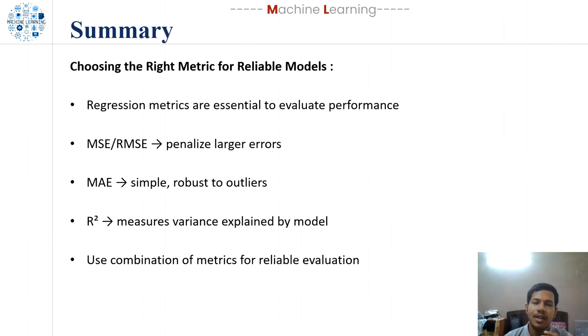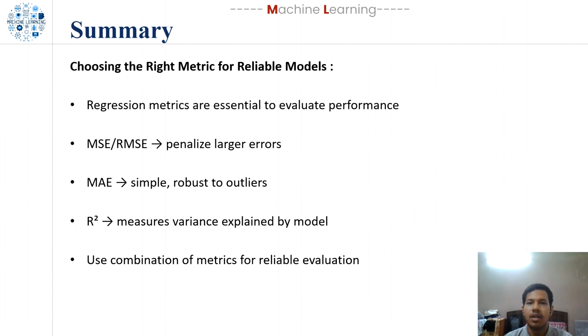So now let's sum up these evaluation metrics real quick. These evaluation metrics are just ways to check how good or how bad our model is doing. MSE and RMSE care a lot about big mistakes, so if your model messes up, these numbers skyrocket.